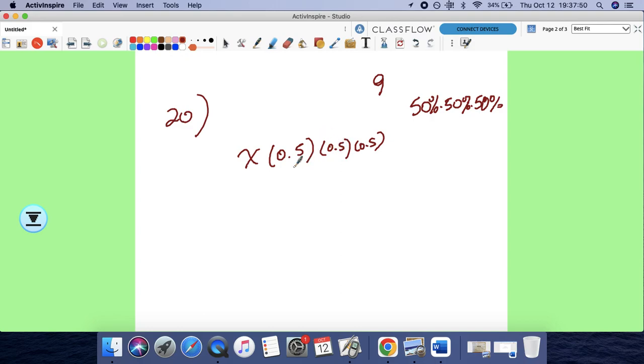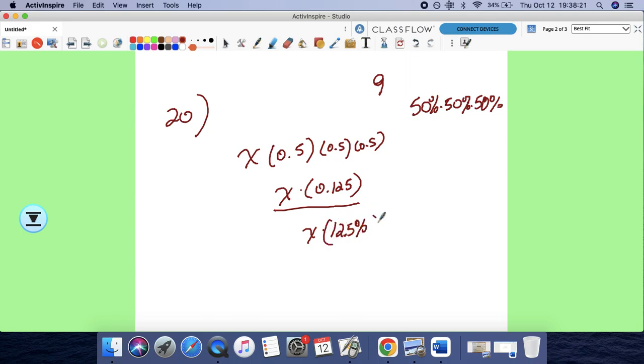Let's see what that is. So it's going to be x times 0.125. So after 9 days, we're going to multiply by this, right? This is the amount that is left after the decrease. So the decrease is going to be 87.5%.